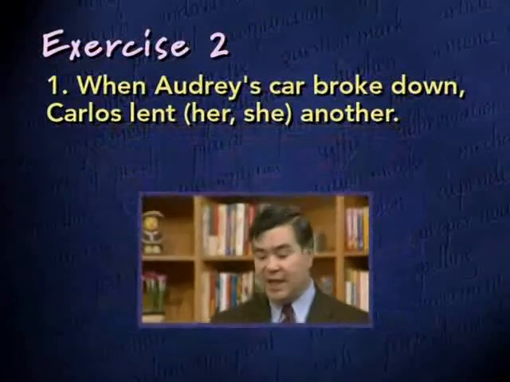Of course, in order to answer that, you'll need to understand how the pronoun is being used in the sentence, whether it's being used in a way that calls for a subjective case pronoun, an objective case pronoun, or a possessive case pronoun. Let's take a look at the first example.